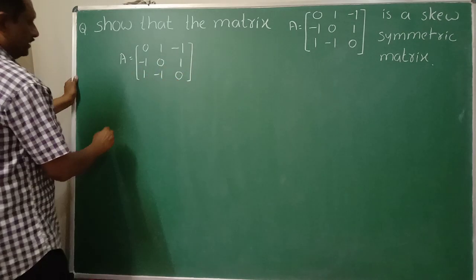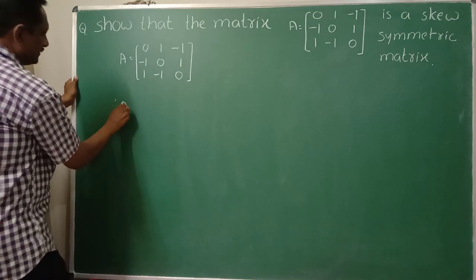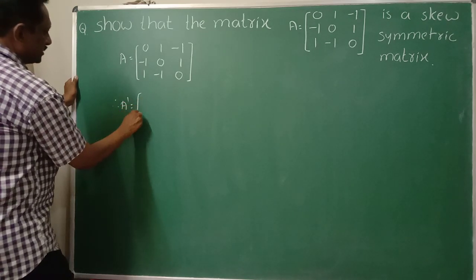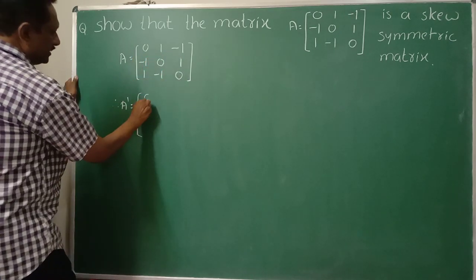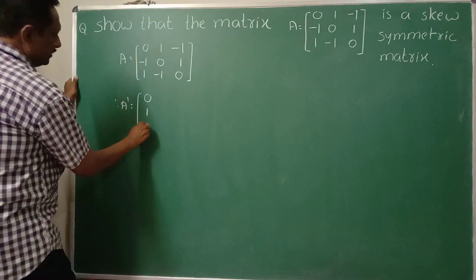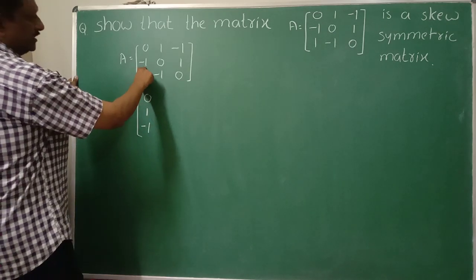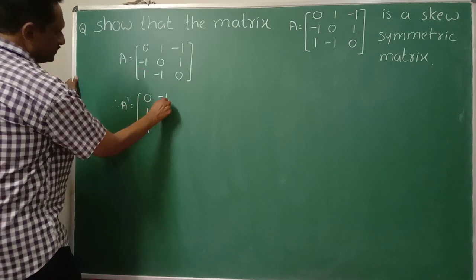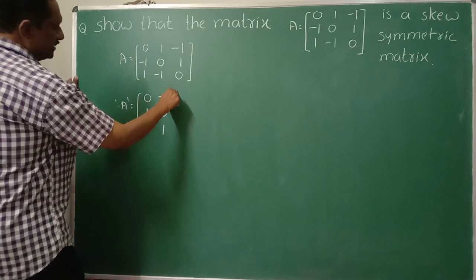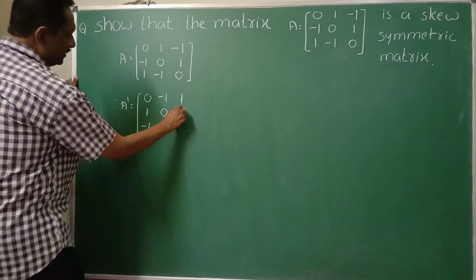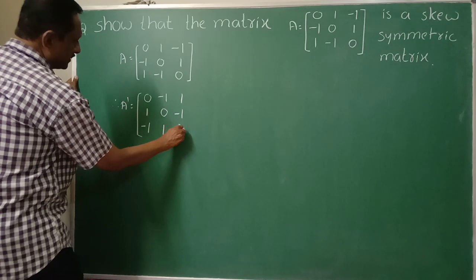Then write its transpose. A dash is equal to 0 1 -1 written in the column, then -1 0 1 in the column, then 1 -1 0 in the column.